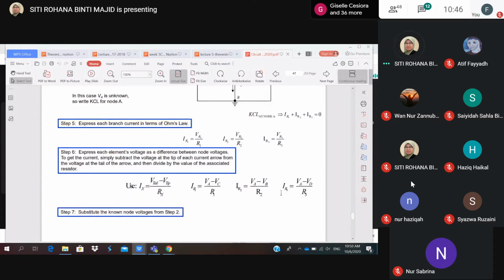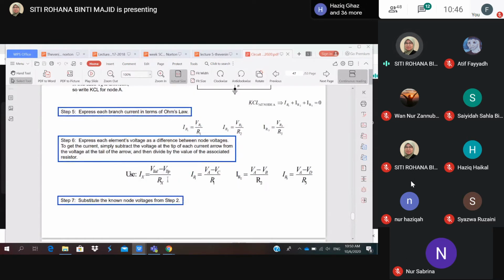And then you can use V tail minus V tip. Because we want to know the voltage difference, the potential difference between two nodes, two points, then we can have V tail minus V tip, but you have to synchronize for all.